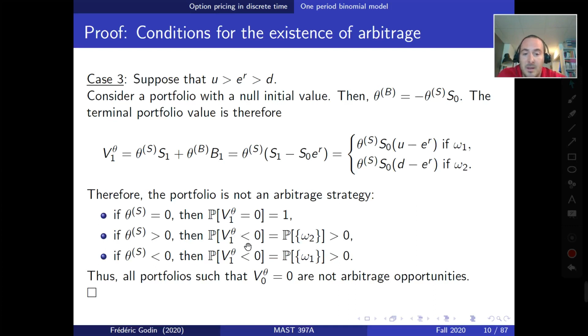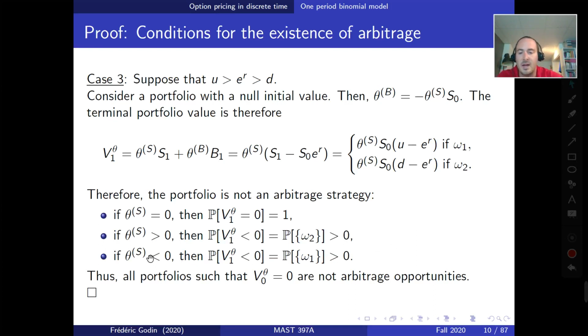The probability that V1 is strictly smaller than 0 is equal to the probability of omega 2, which is strictly greater than 0, because we assume that P is strictly smaller than 1. So the portfolio is not an arbitrage opportunity because it can lose some money.